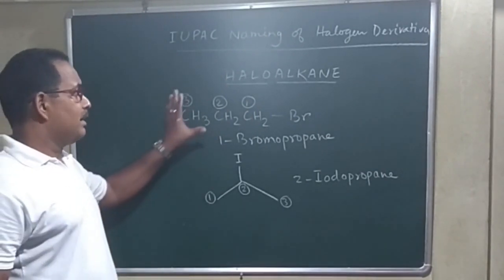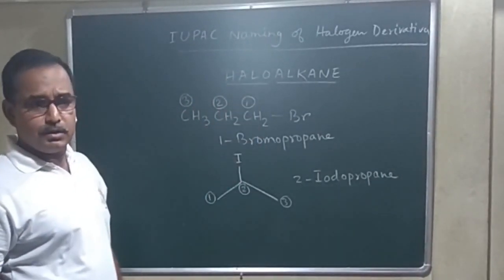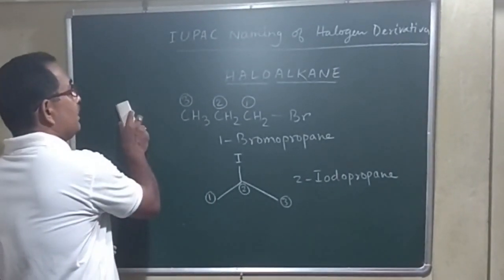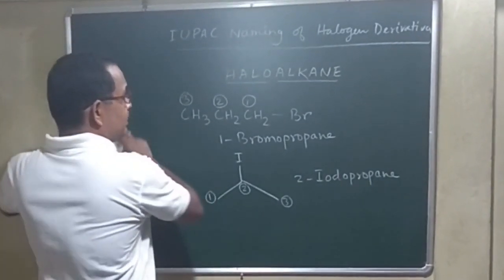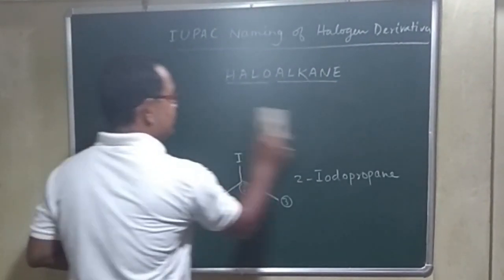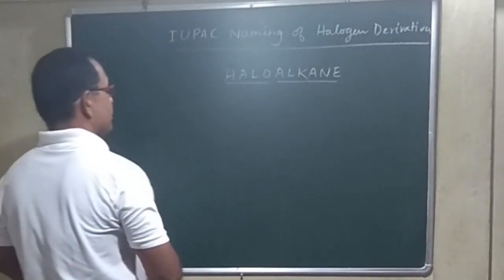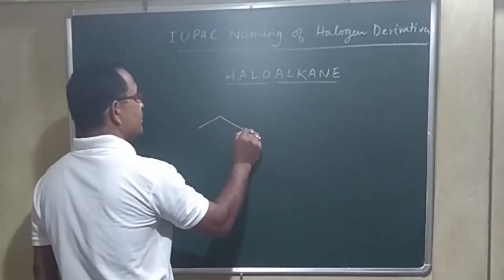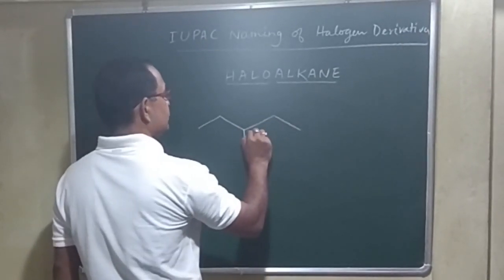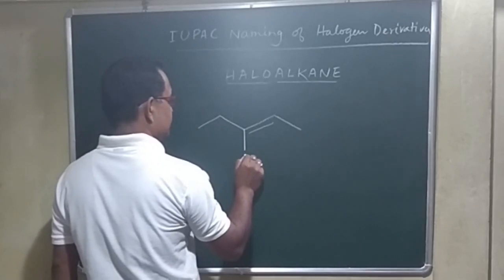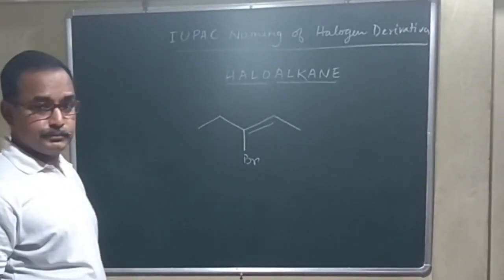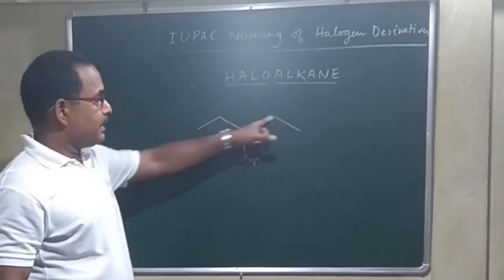So naming halogen derivative of alkene is not difficult. Let us have some names of haloalkene. These are haloalkanes. There may be haloalkenes. See. This is the parent chain.